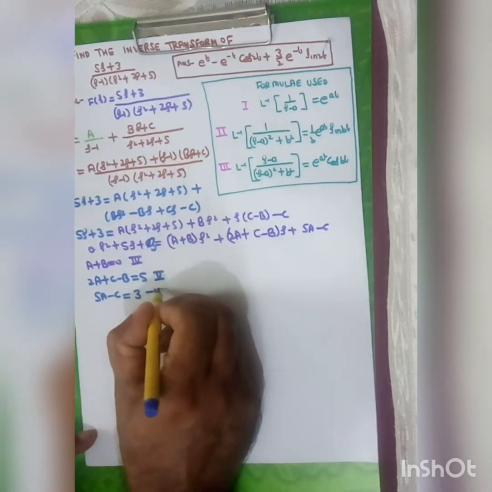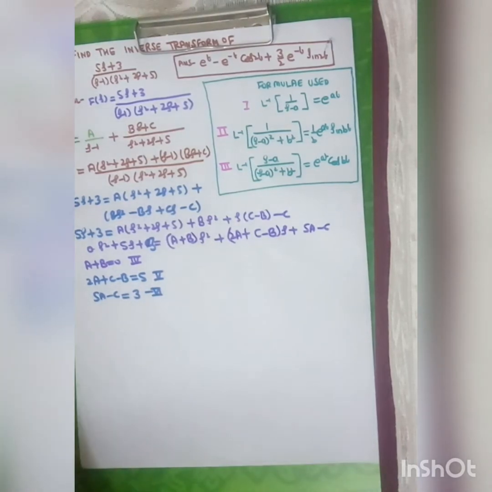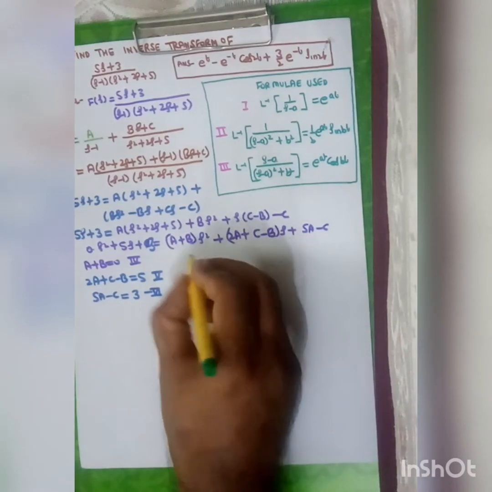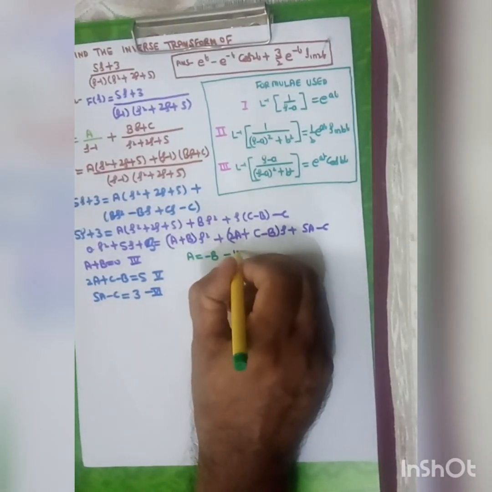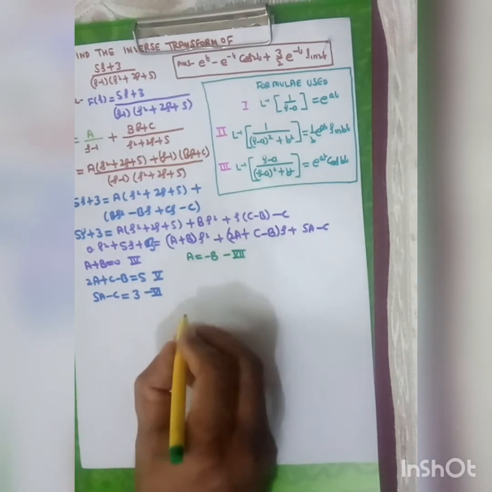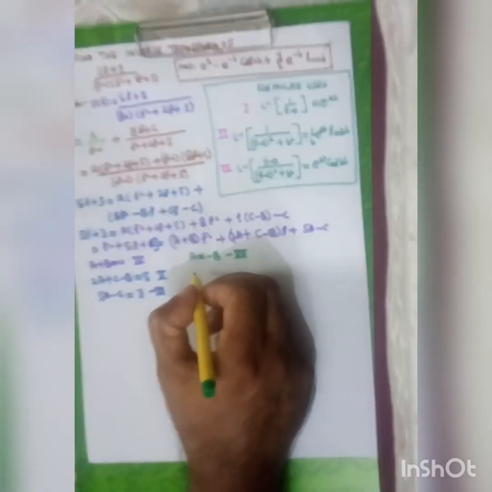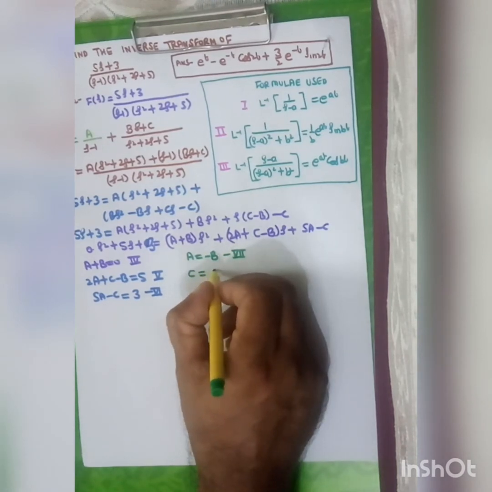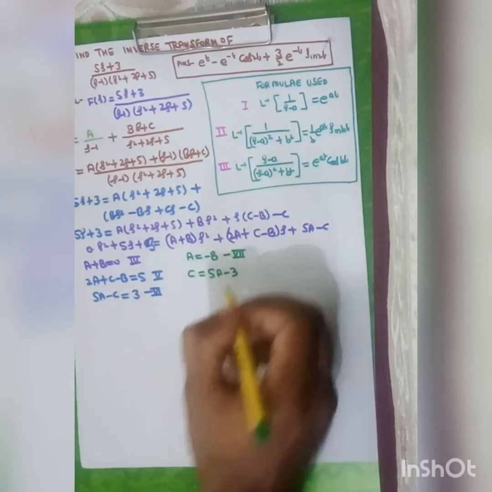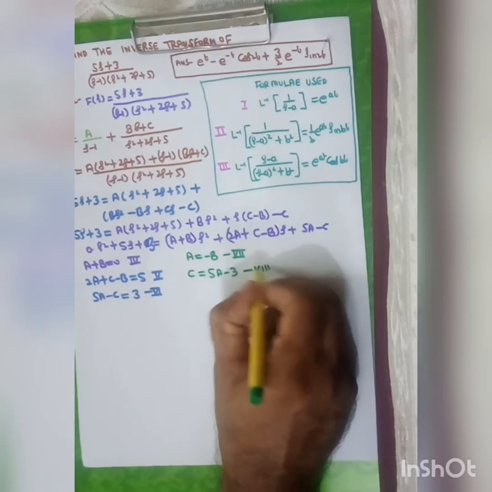This is equation 6. From equation 4 we can write A is equal to minus B, equation 7, and C is equal to 5A - 3, equation 8.